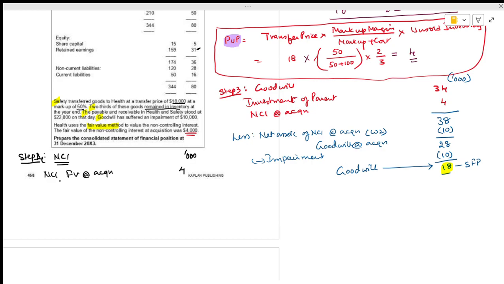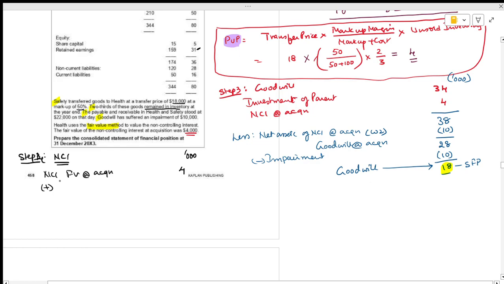Next, what do we have to add or what do we have to deduct? The post acquisition. Shall we add it?